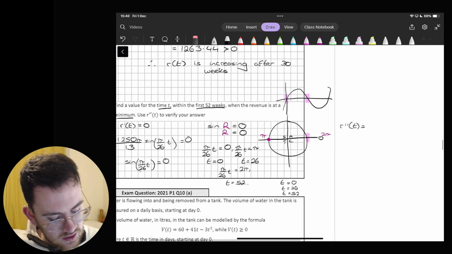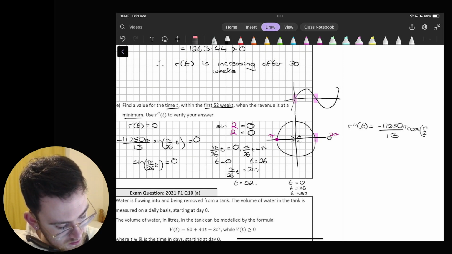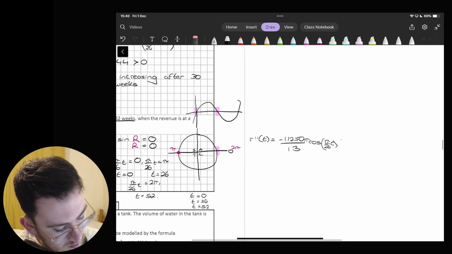So we'll get our second derivative here. That's going to be minus 11250 over 13 pi cos pi over 26 t multiplied by pi over 26.